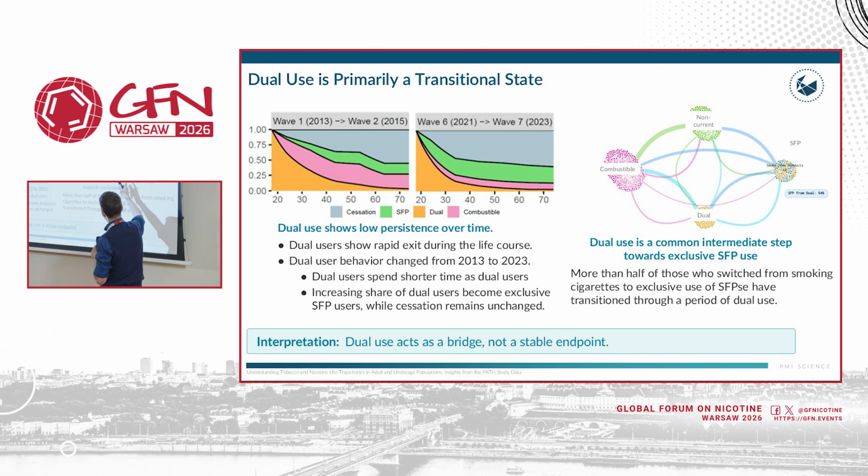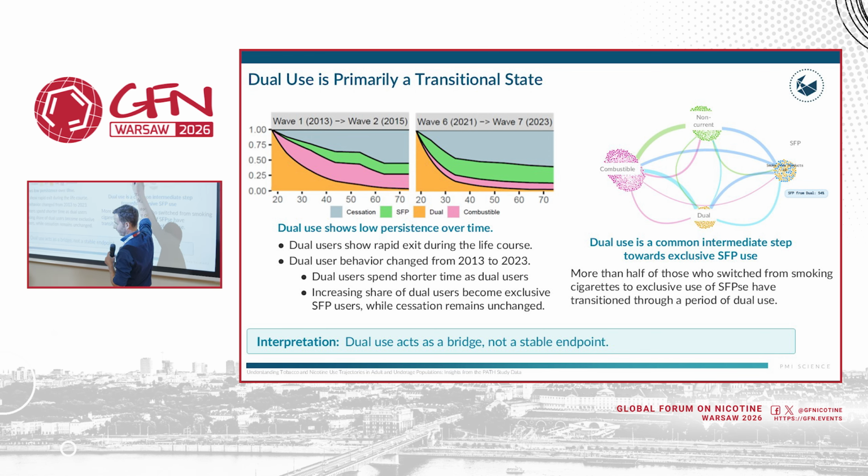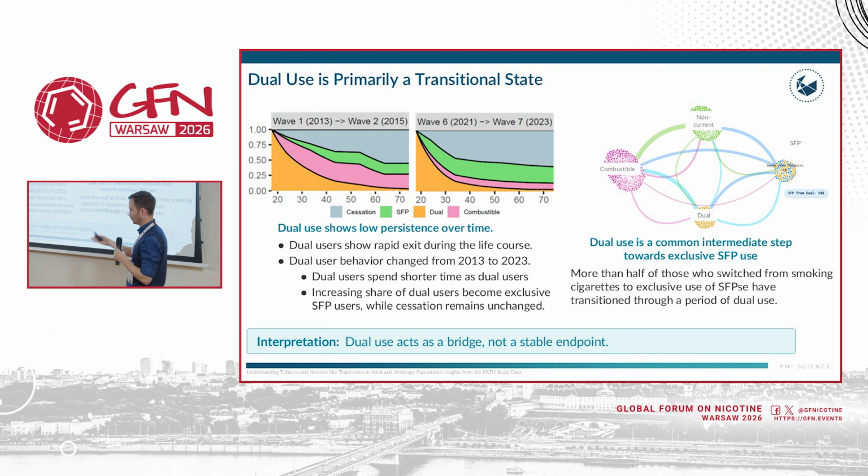So I will show the animation in 2 minutes of how this works in a dynamic setting. But if we have a group of combustible users and we look at the transition probabilities, like what is the likelihood that from 1 year to another you stay a smoker.